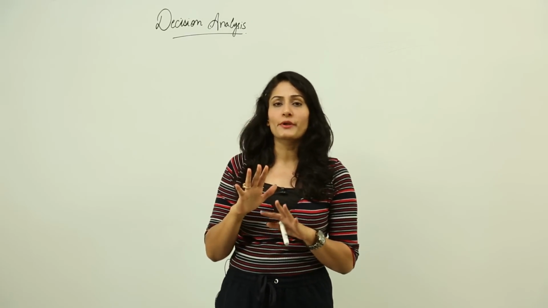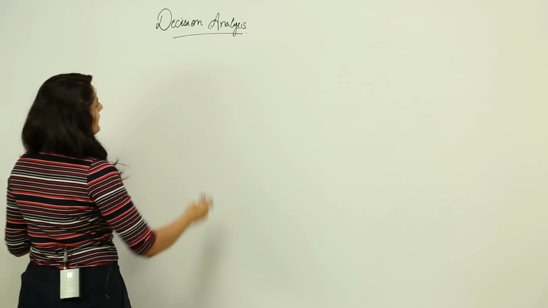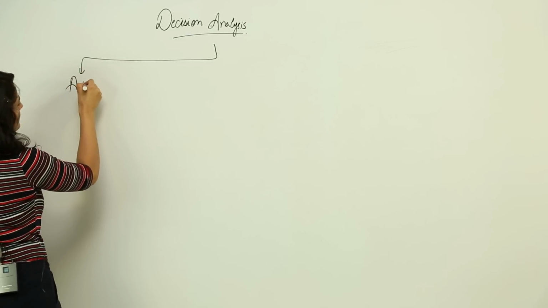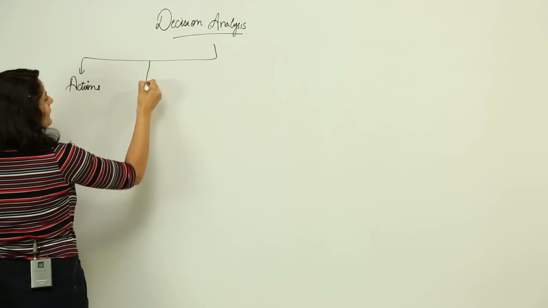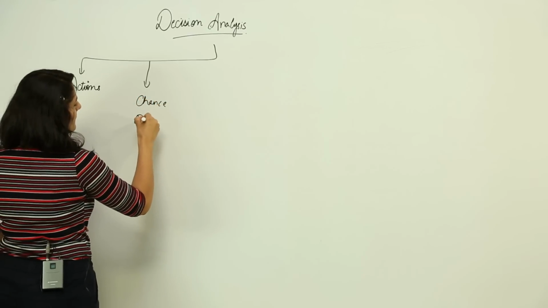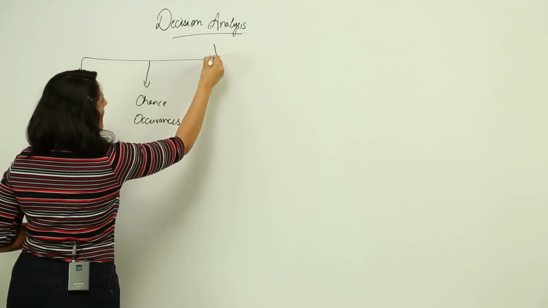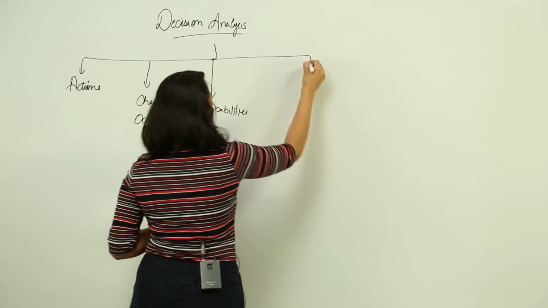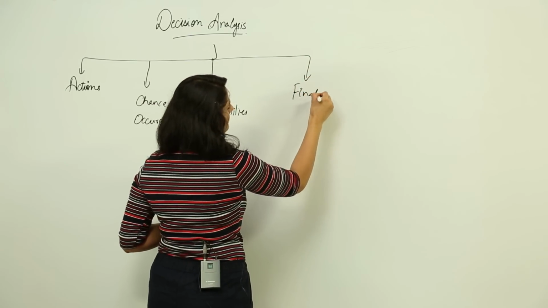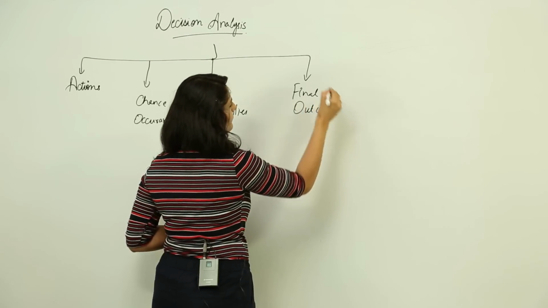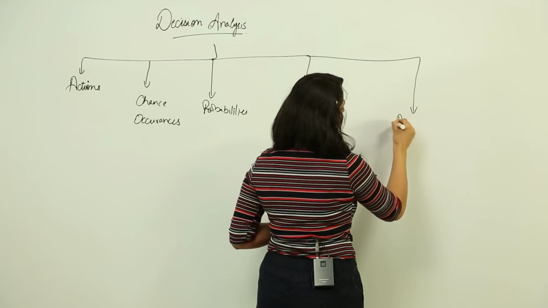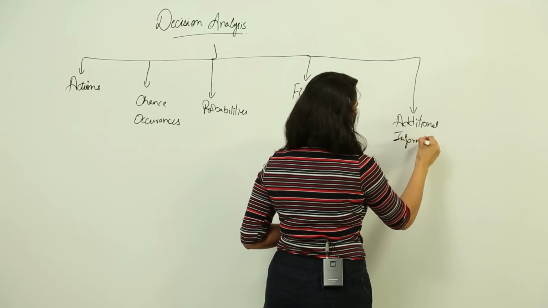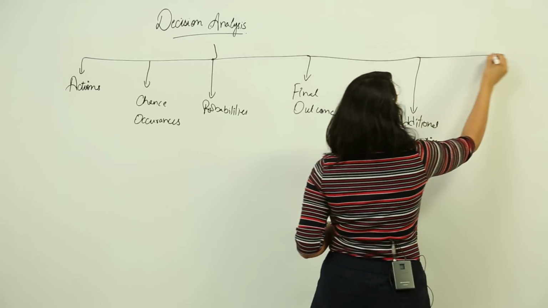There are basically 6 components which I would like to share with you, and if we are talking about decision analysis, then its components are actions, chance occurrences, probability, final outcome, additional information, and finally decisions.